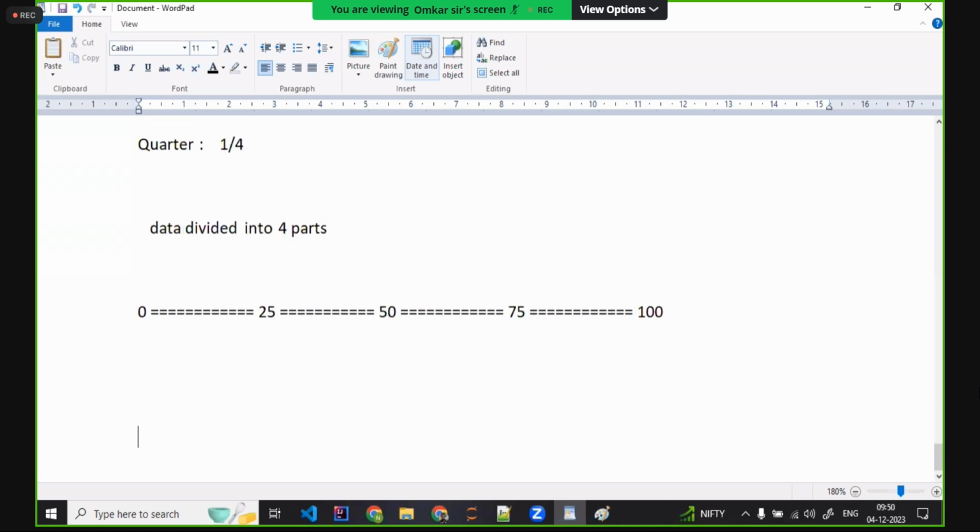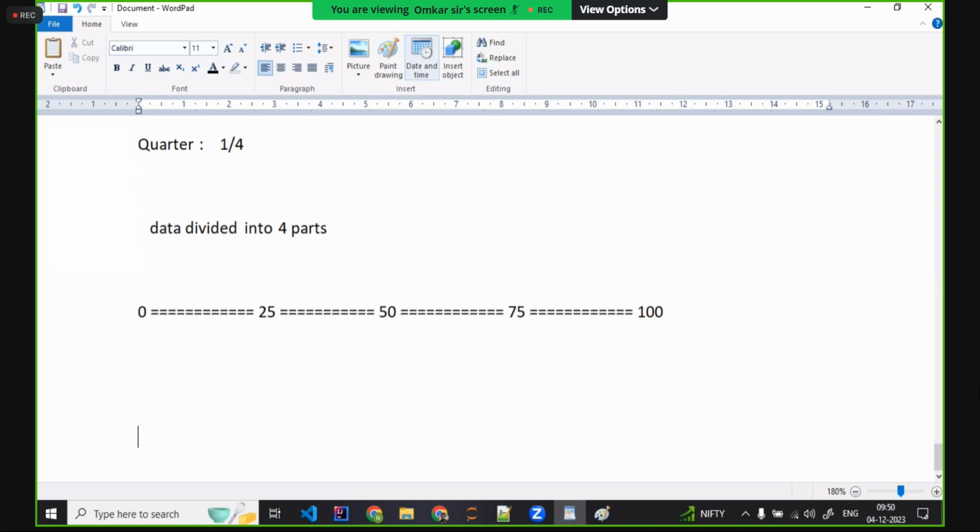Let us assume like this. 0 to 25 is one part, 25 to 50 another part, 50 to 75 another part, and 75 to 100 another part. But in statistics, there is no 0 concept, there is no 100 concept. Clear?